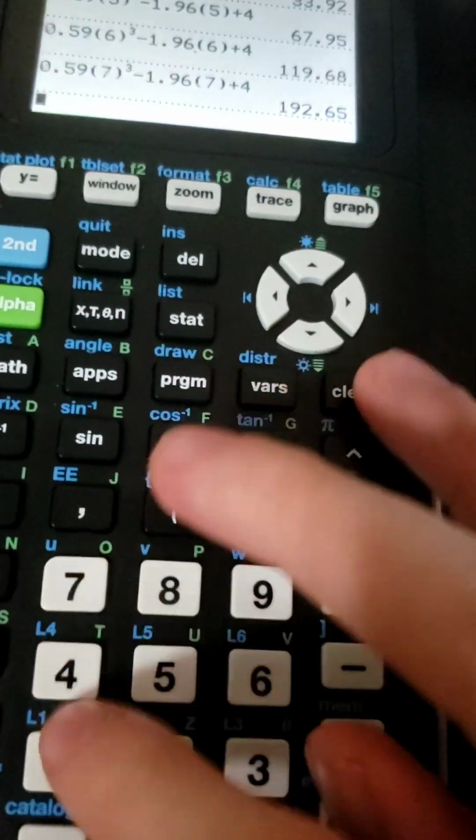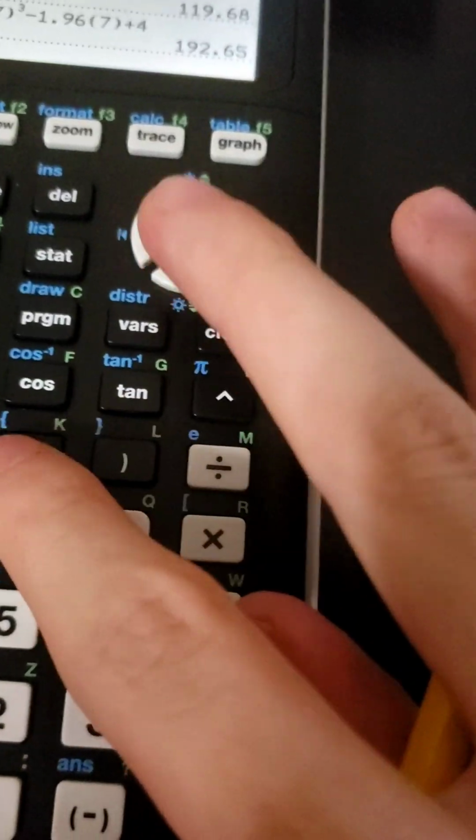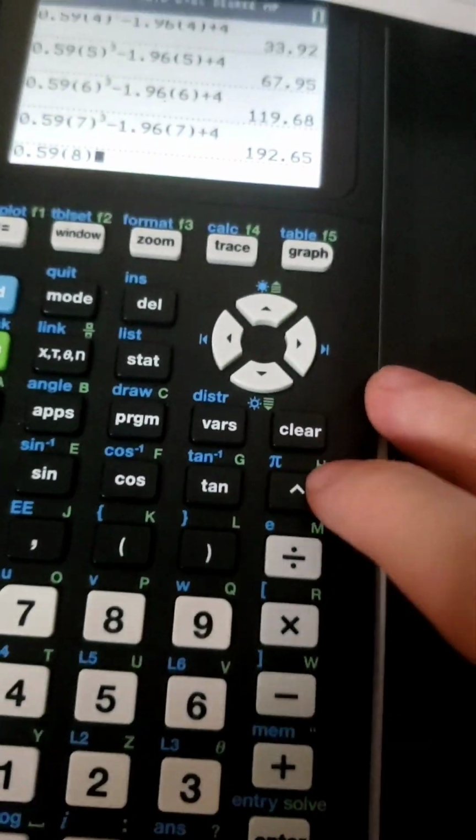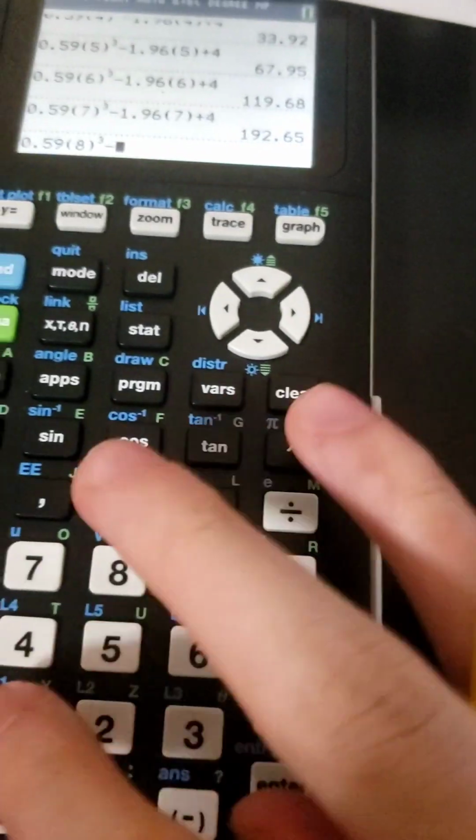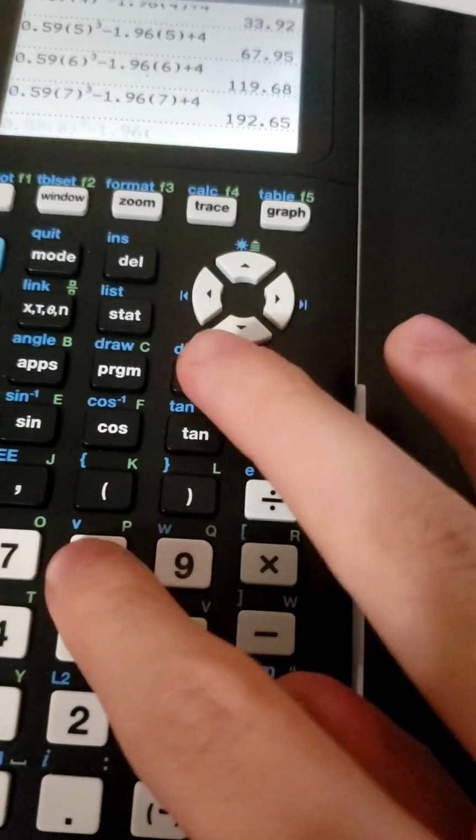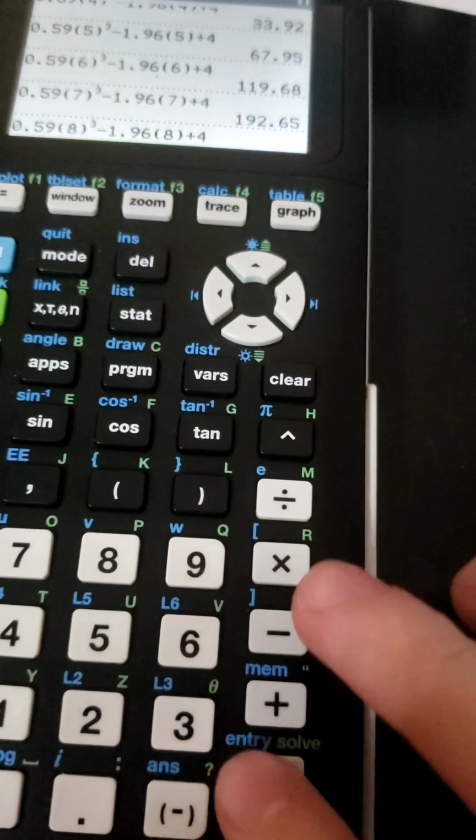Last one, V of 8 equals 0.598 to the third power, minus 1.96 times 8, plus 4, 290.4 meters over seconds.